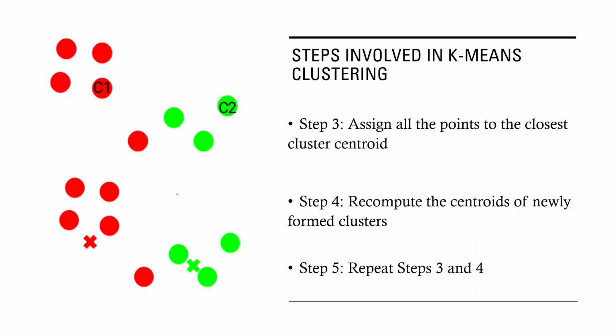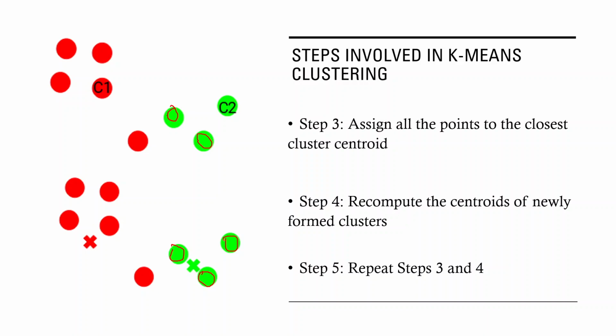And step 4 is where you recompute the centroids of the newly formed clusters. Let's say that your original centroid was over here, and after assigning each point to a cluster, you're going to find the center of the cluster itself. If these are my green points, you want to find the center of all these green points.